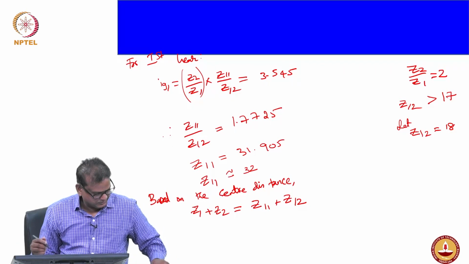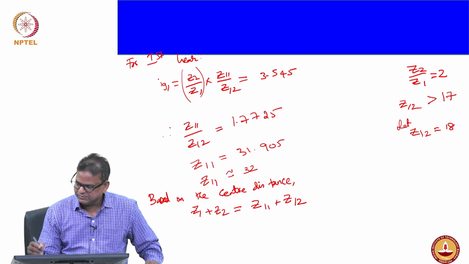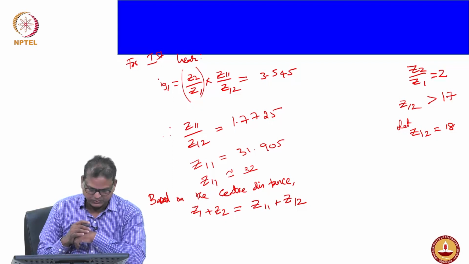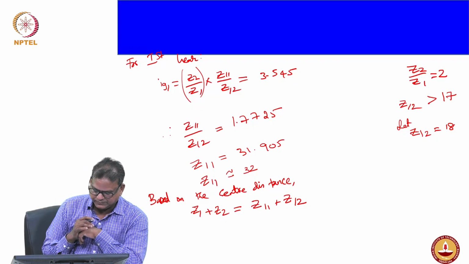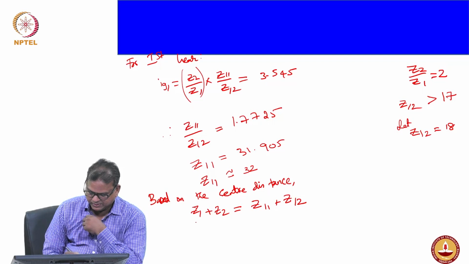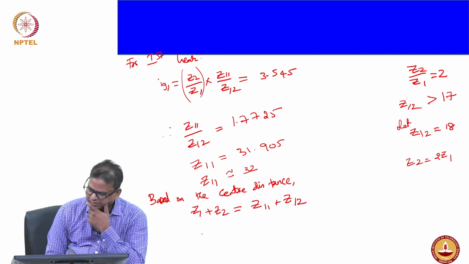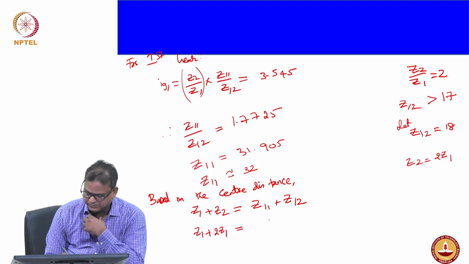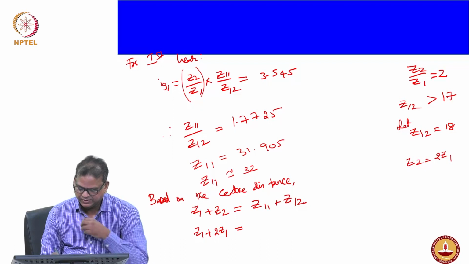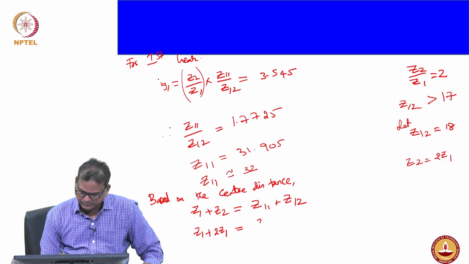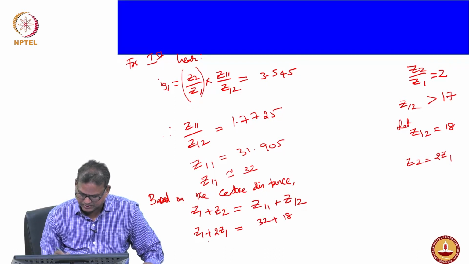Okay, now can we solve this problem, please? I know Z2 by everything. I need to bring everything with respect to Z1. So Z2 should be 2 times Z1, right? Z1 plus 2 times Z1 equals Z11 plus Z12, which we already know: 32 plus 18, which is 50.